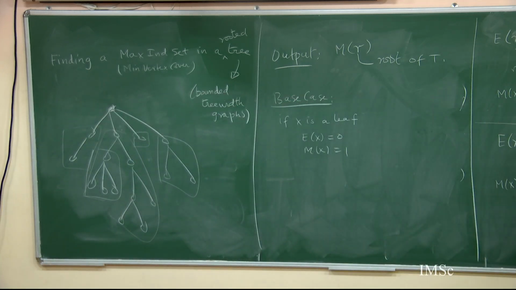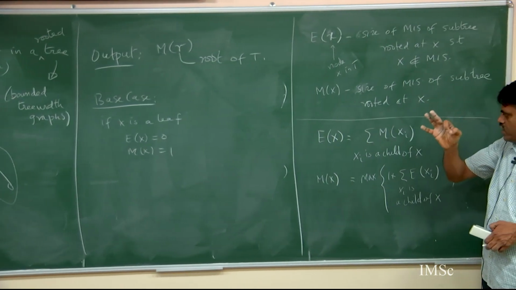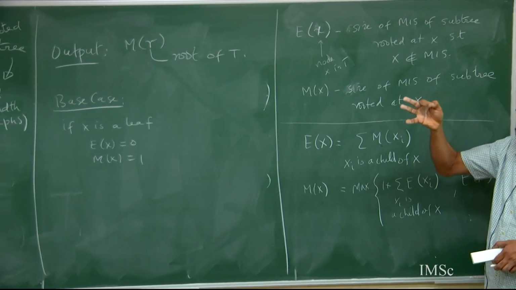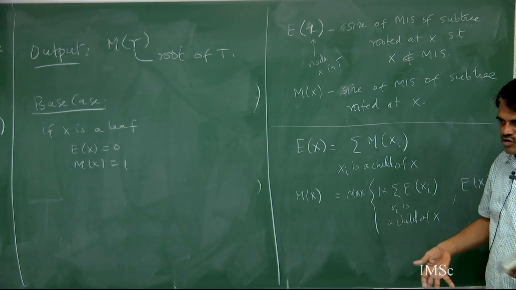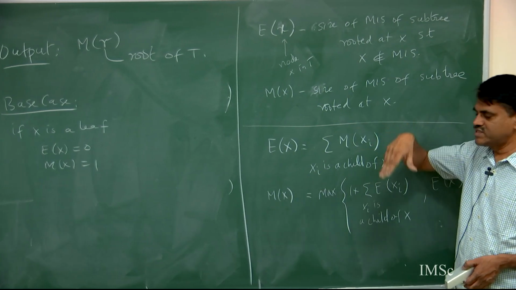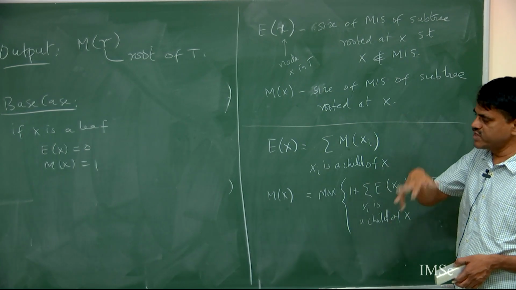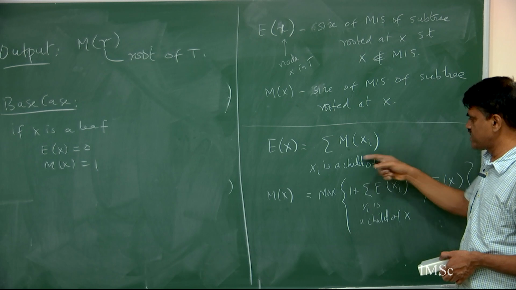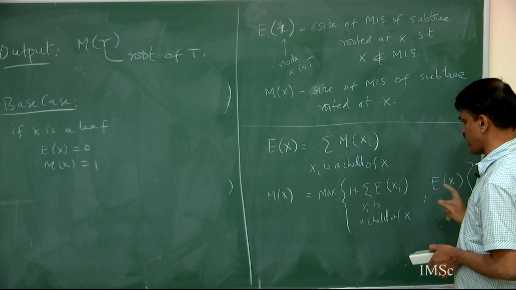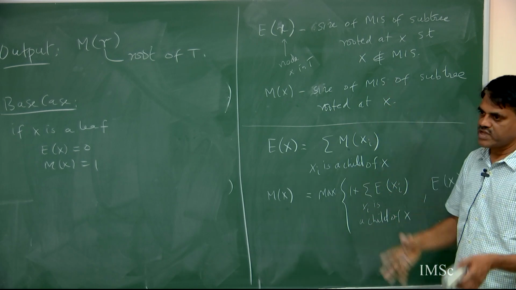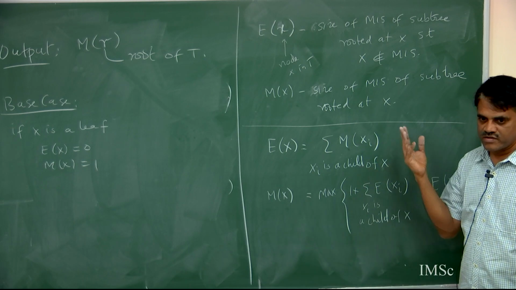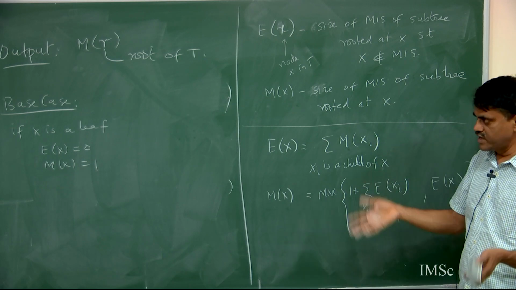How much time does it take to compute your value at a node, if you have computed for your children? It is the degree, that is how many children I have, because here is a sum and here is a sum and the max and so on. So what is the sum of the degrees in a tree? It is 2n. So overall it is linear time.